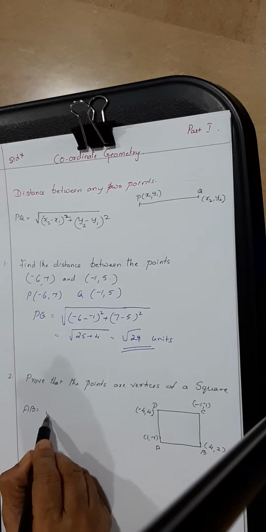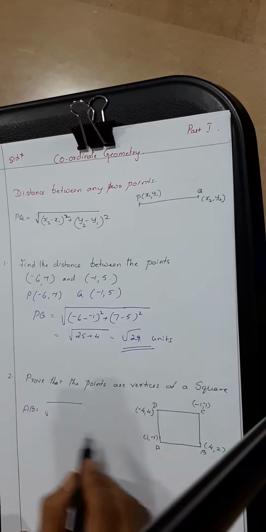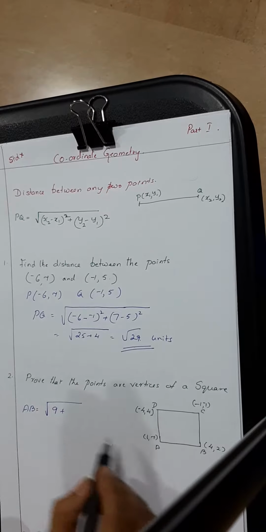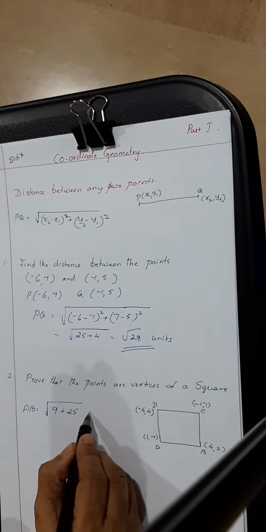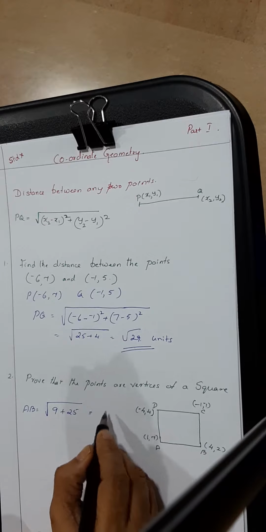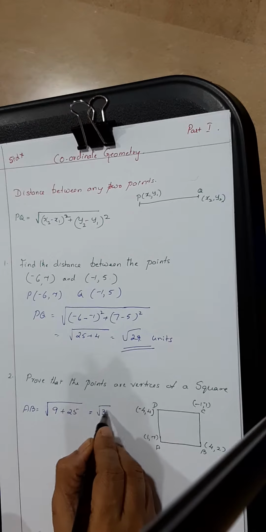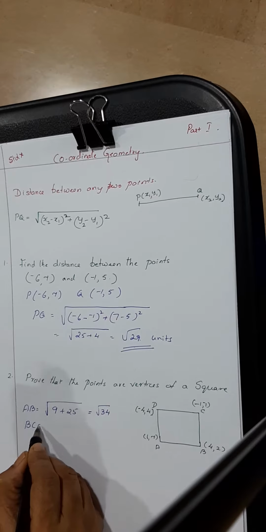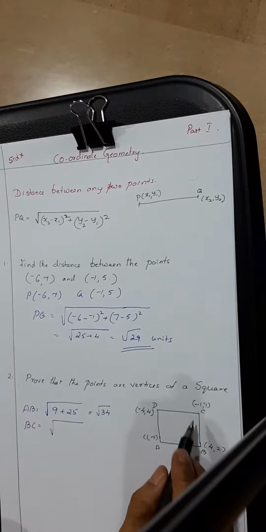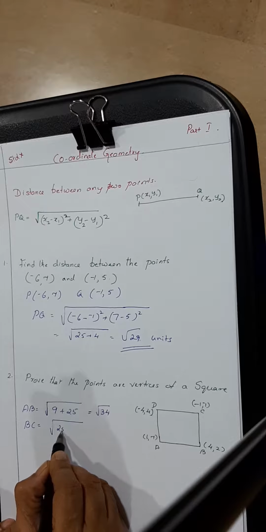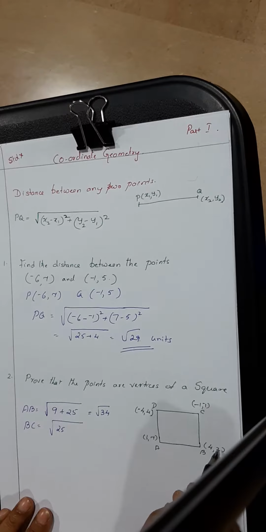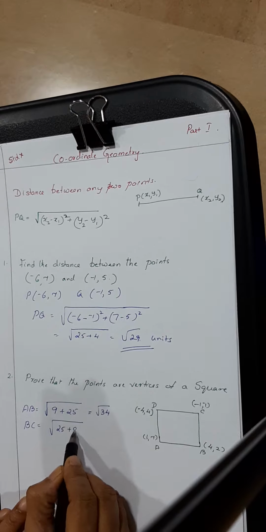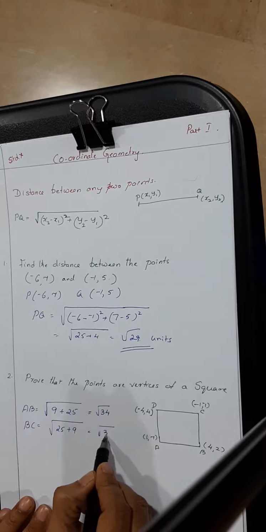So AB is equal to root of 1 minus 4 is minus 3, so 9, plus 7 minus 2 is 5, 25. So it is root 34. So BC is equal to root of 4 minus 1 is 3, 9, plus 2 minus 7, so 25, is equal to root 34.